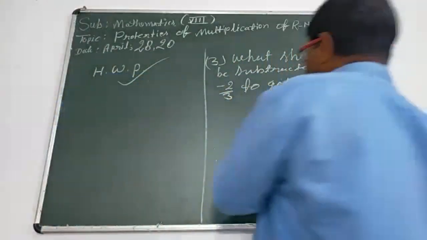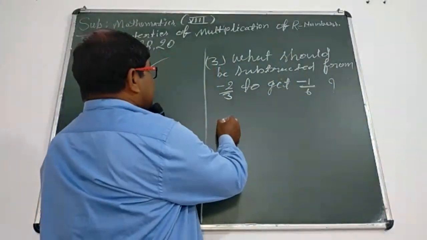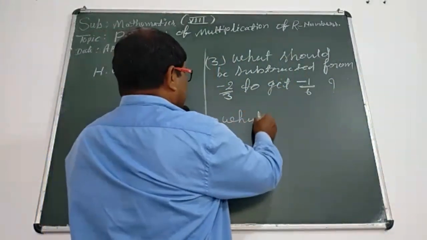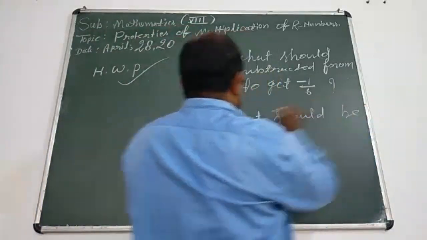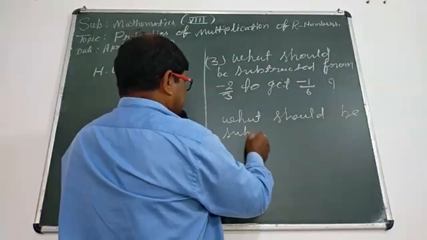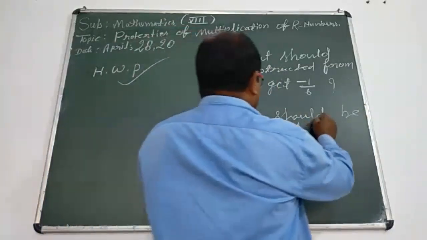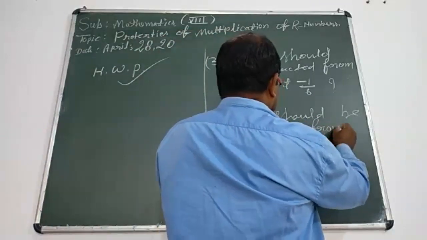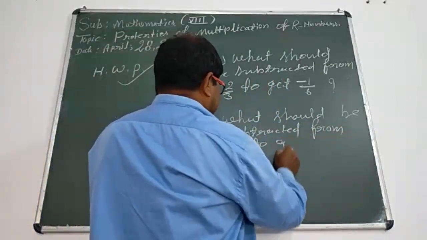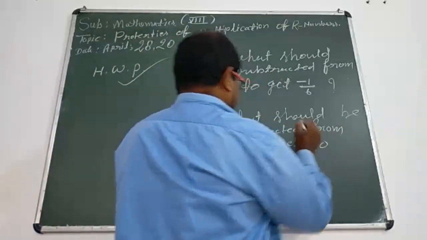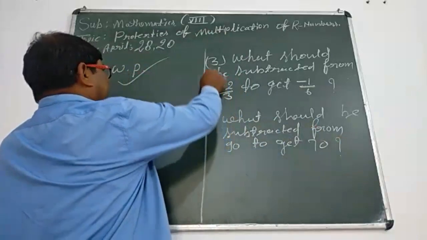What type of question is this? Suppose that this is another question: what should be subtracted from 90 to get 70? Suppose that this is the simple one.